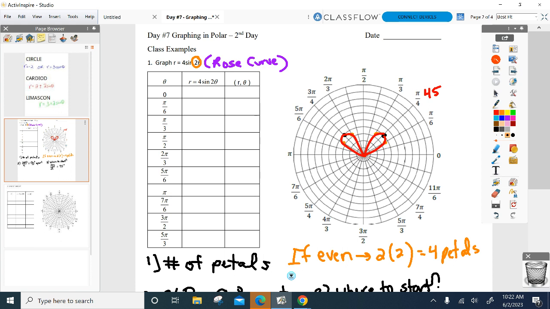1, 2, 3, 4. To the right and the left, 3.5, 3.5. And finish this bad boy up. 90 more degrees.